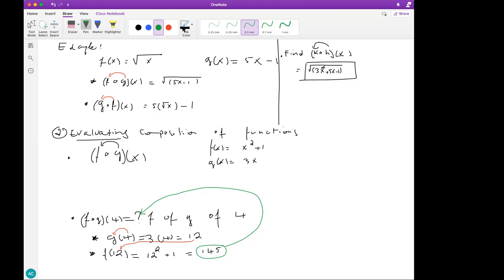The question may tell you what to find, so you can use either way you want. This is probably easier. You don't have to find the actual composition here, we just evaluate twice. But again, if you already have the composition from a previous question, you can do that as well.